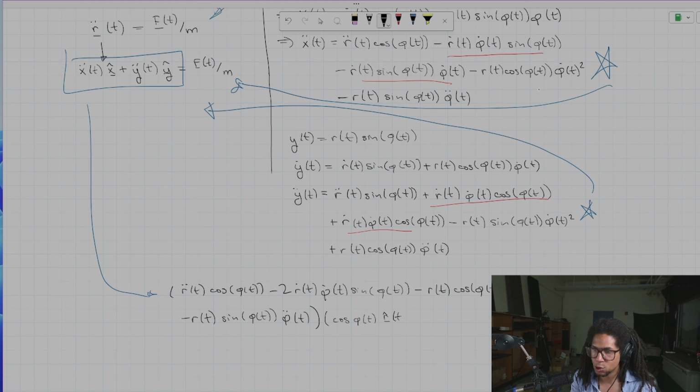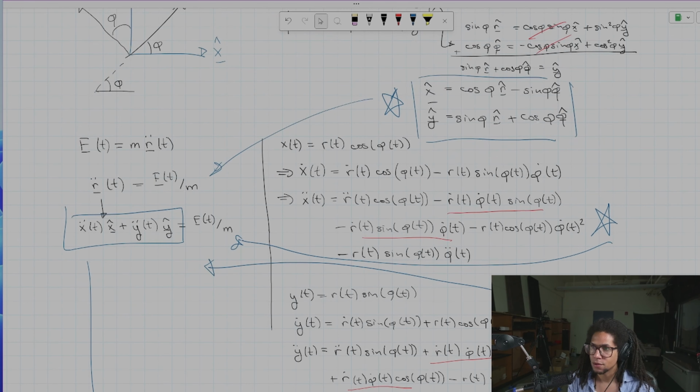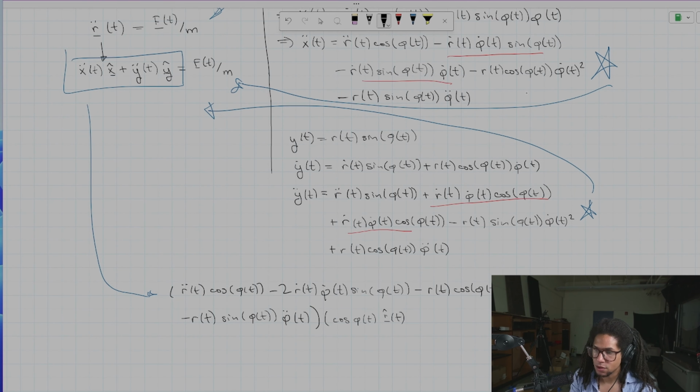I'm going to make sure to include that r hat is itself dependent on t here, actually. Minus sine phi of t phi hat. And just to be clear, the reason that r hat is dependent on t is because it depends on x and y of t.